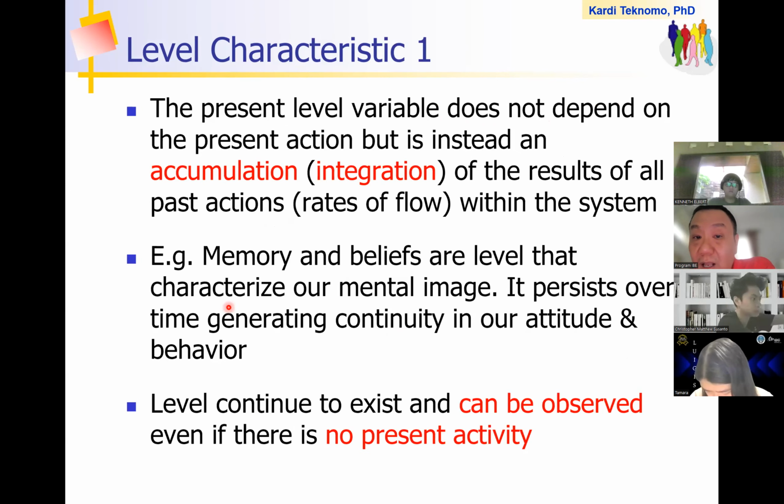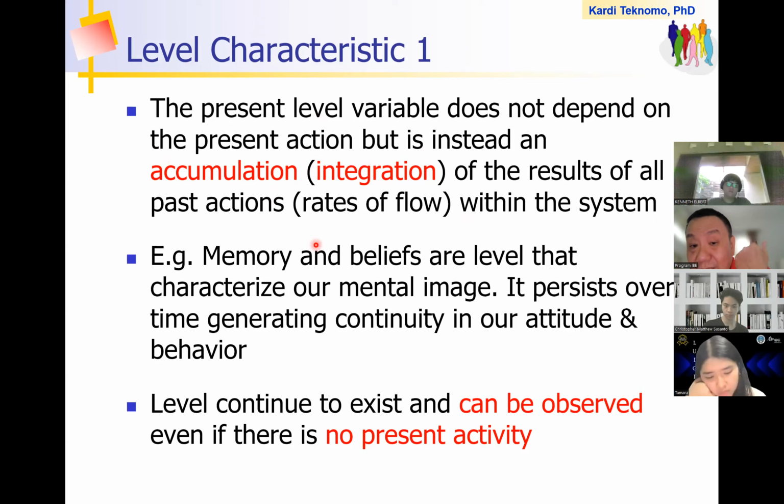Look at this. The present level variable does not depend on the present action, but instead depends on the accumulation or integration of the past action within the system. So the characteristic of level is always accumulation, always integration.